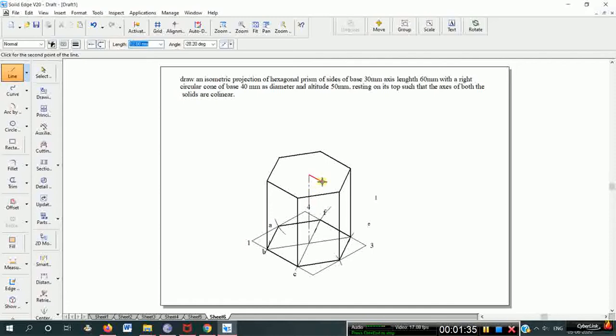So this is the top center, bottom center to top. So take half of the given diameter, 20, and take 40 mm. The angle is 30.